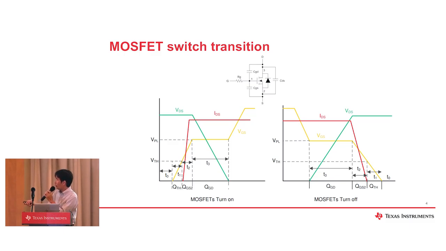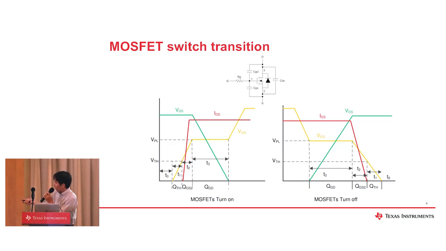And when it reaches the V threshold, VTH, at the VTH, the IDS starts to increase, and the VDS stays at its initial value.